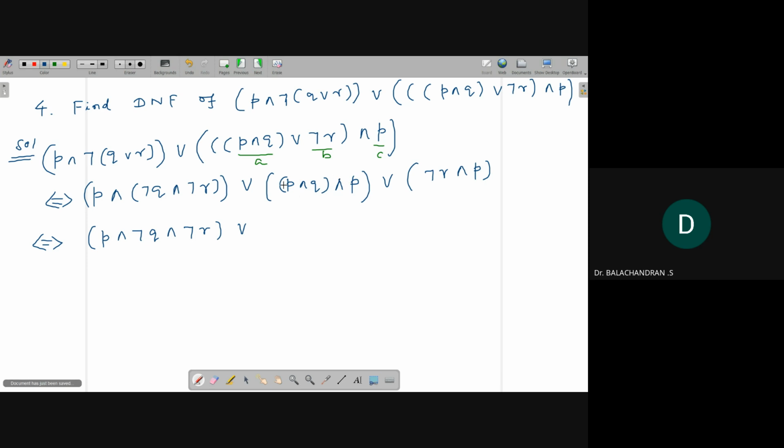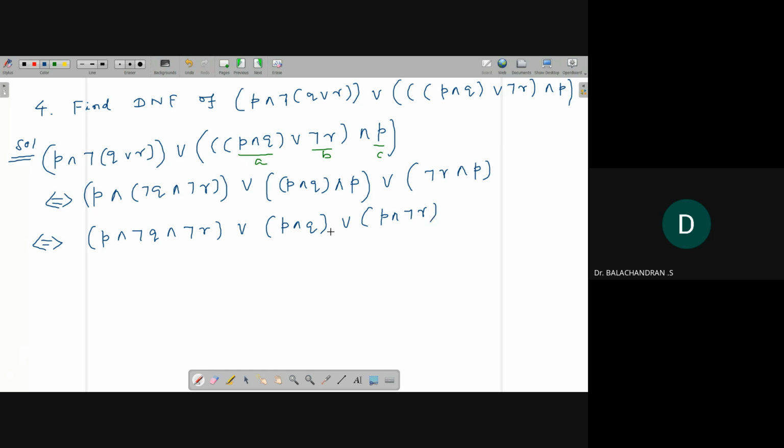So you can write P and P is P. So you'll get finally P and Q. The reason is P, because you have and, so P and P is P. So that's why you'll get again P and Q, or P and negation R, or P and negation R.